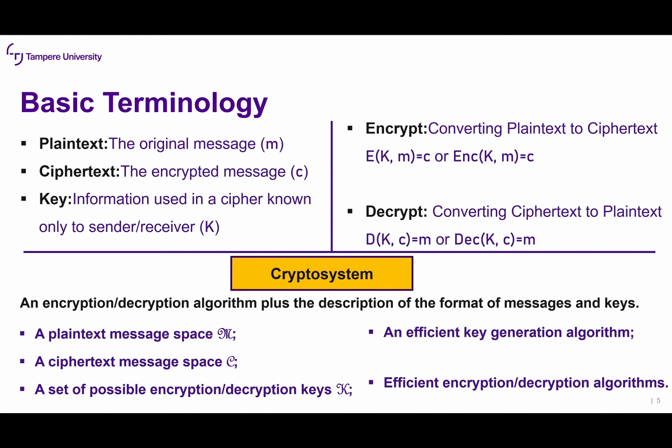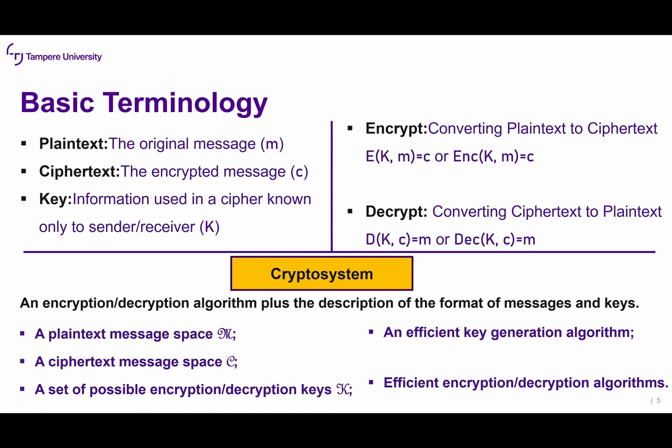A ciphertext message space C, so an encryption is basically a mapping function that maps the message space M to the ciphertext message space C. Okay, so the ciphertext message space is basically all the possible ciphertexts that Alice can generate.